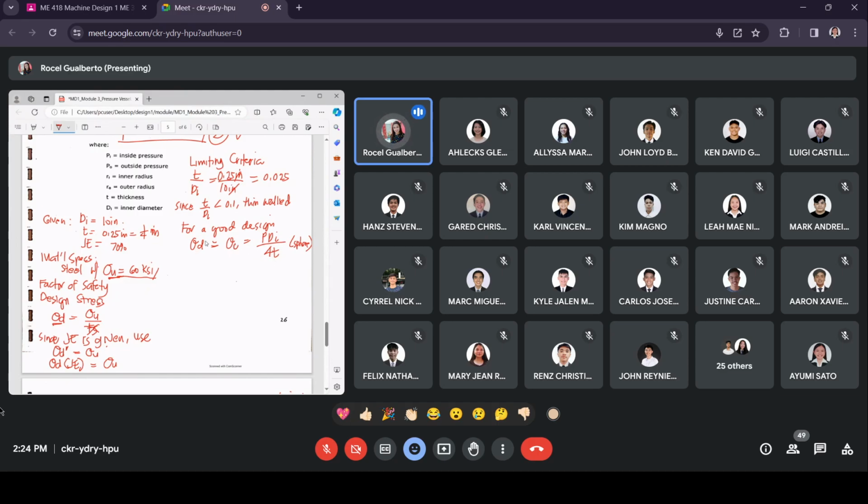And what is this design stress? We will be using the lower design stress, so the design stress is multiplied by your JE. So what is the value for the pressure that we obtain from this equation?